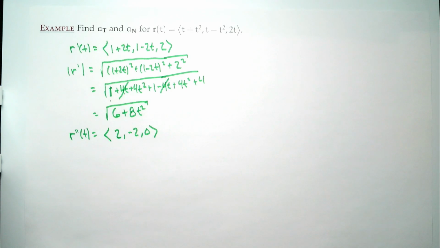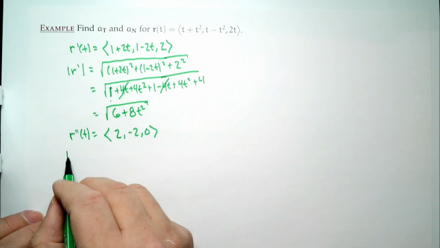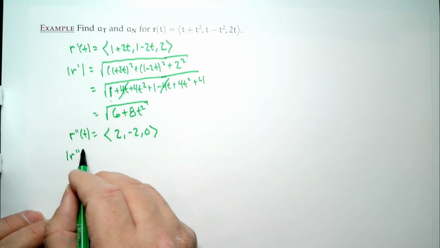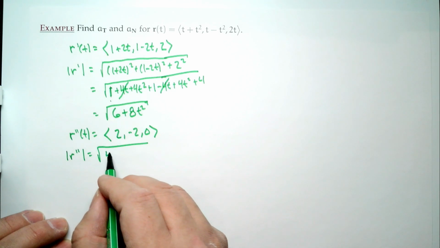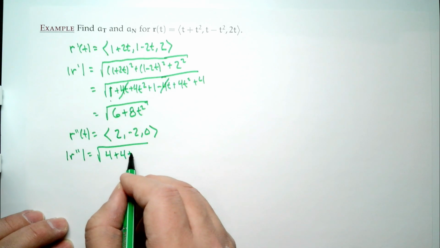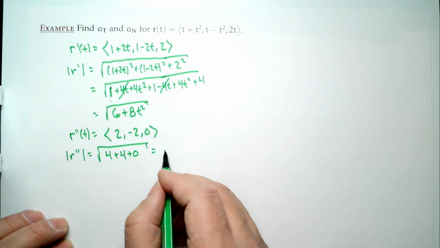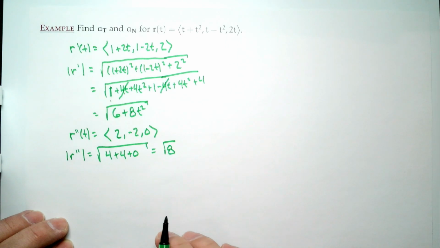And last time, we did geometric first, then algebraic. We'll switch it this time, so we'll do algebraic first. So let's find the magnitude of r double prime. That would be the square root of 2 squared, 4, negative 2 squared, 4, 0. So that's the square root of 8.